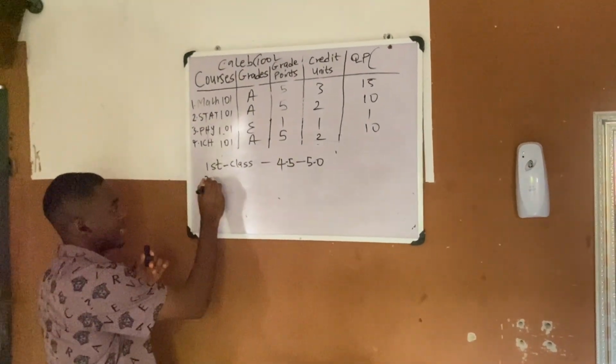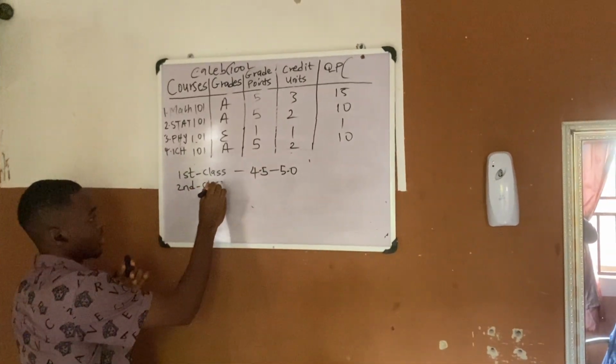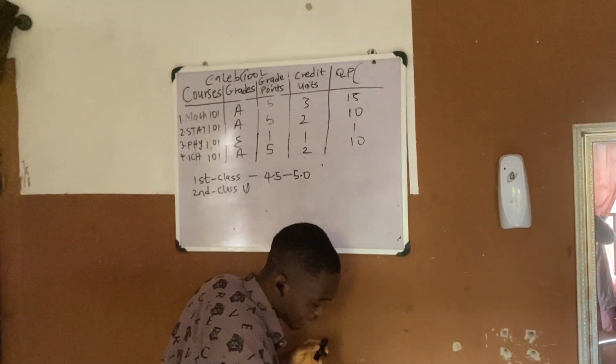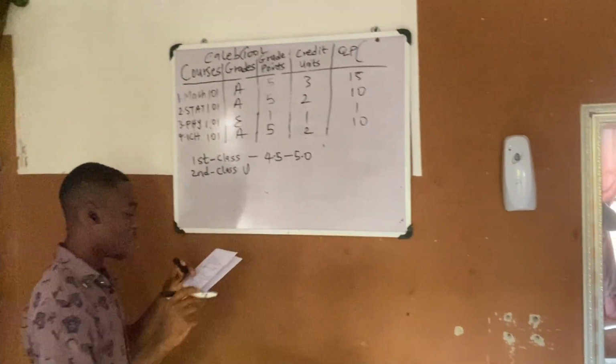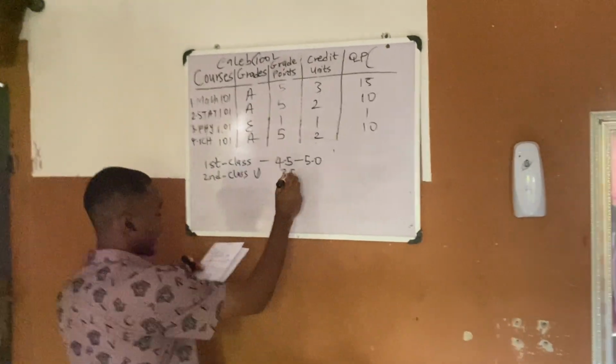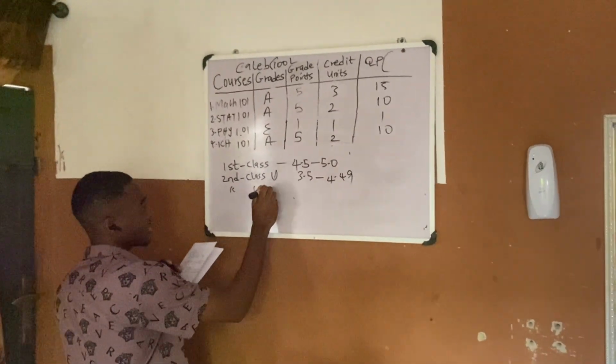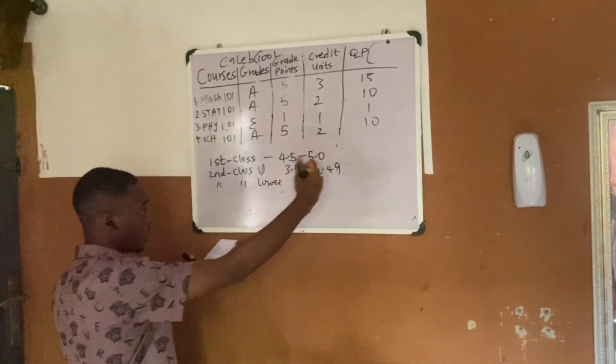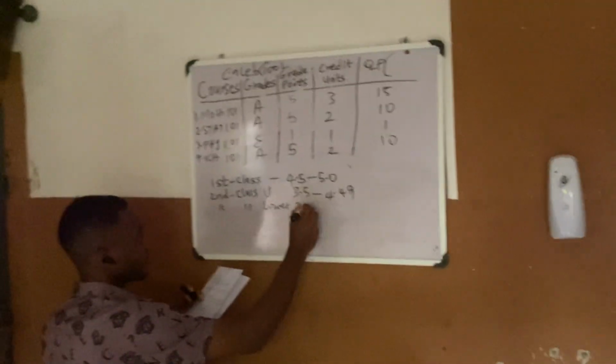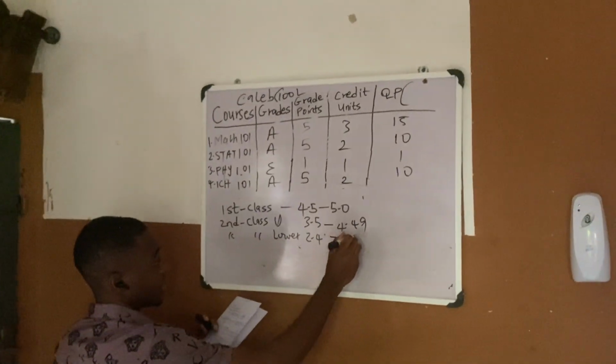Then for second class upper, you have 3.5 to 4.49. Then second class lower, you just reduce it: 2.4 to 3.49.